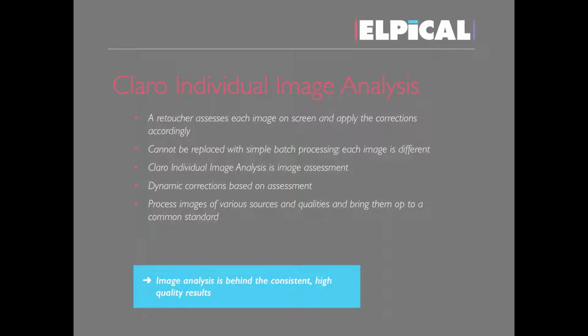So the goal with Claro is that we try to increase the quality of the images, but also that we try to get some consistency in the atmosphere of the image, so that whether it is in a magazine, in a newspaper, in a catalog, in a photo book, or in any other type of publication or printed product, we get a similar result regardless of the origin of the image.